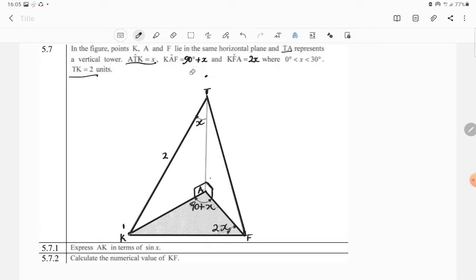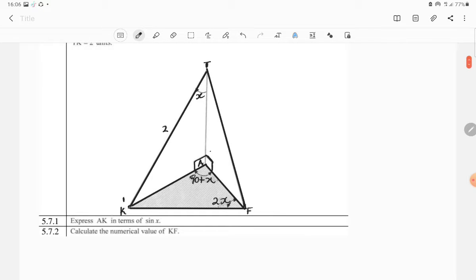Let's work it out. What is required? First of all, we are to find AK, which is this side over there, in terms of sine x. As you can see, this is the right angled triangle KAT, where A is a right angle. Now, you can use the trig ratios, which is sine in this case, because sine of this angle is equal to opposite over hypotenuse.